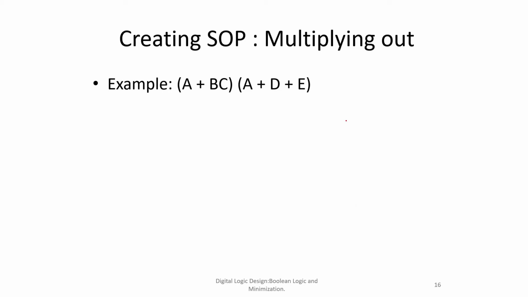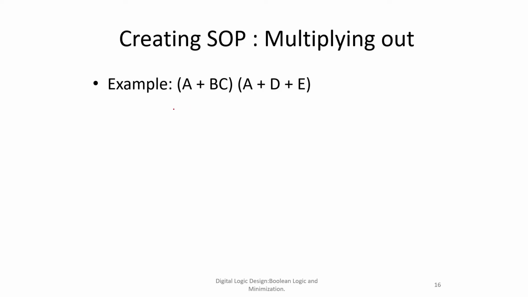Let's say I want to create sum of product. Creating sum of product is easy because it is in line with our regular algebra. Multiplication is very similar to regular algebra, so we can use those things and simply say multiplying out. Let us say this is the example. If I want to create a sum of product, what will I do? I will first multiply A with all of these terms, and then I'll multiply BC with all these terms, and then simplify it out.